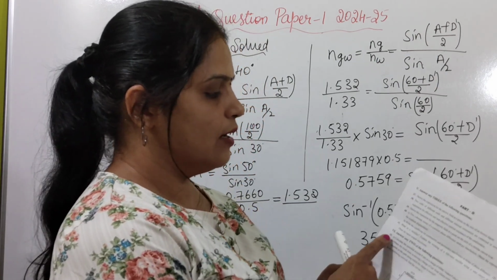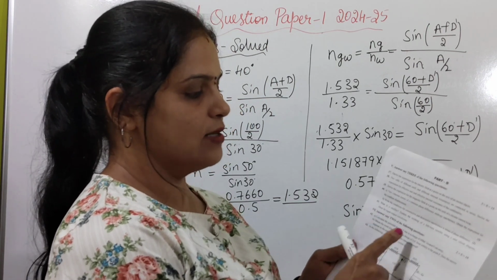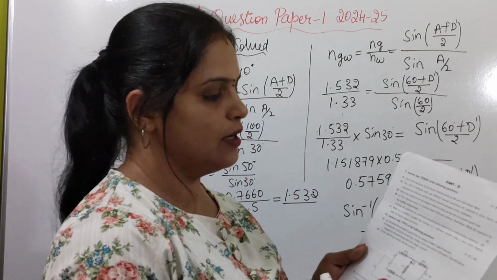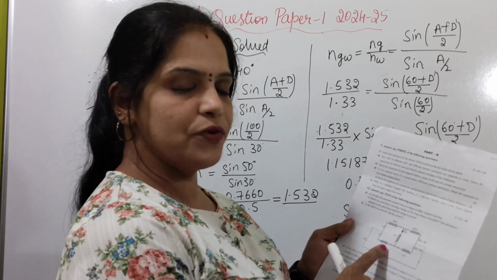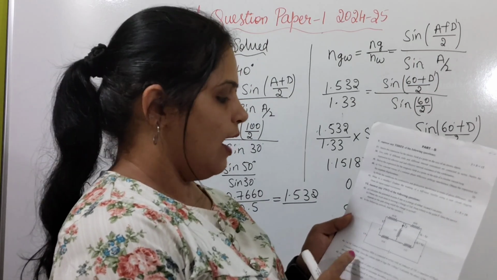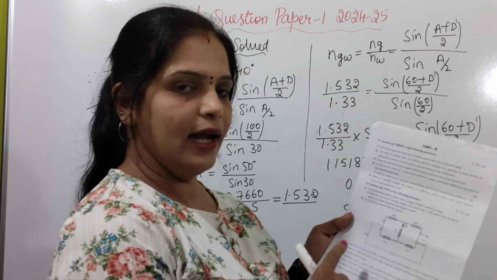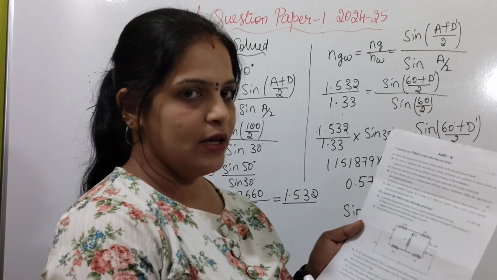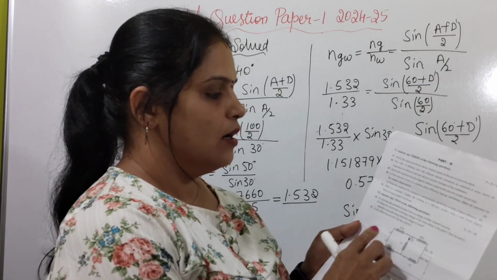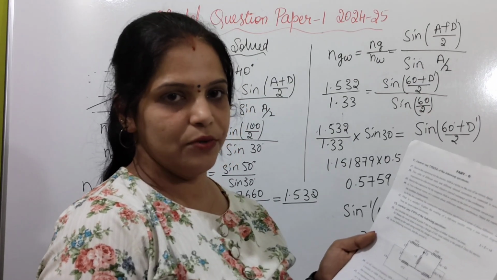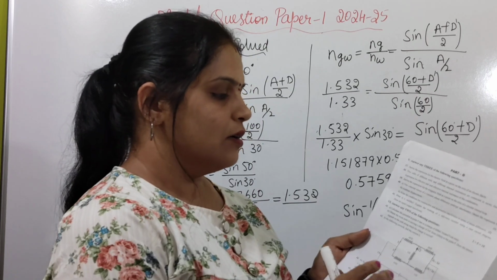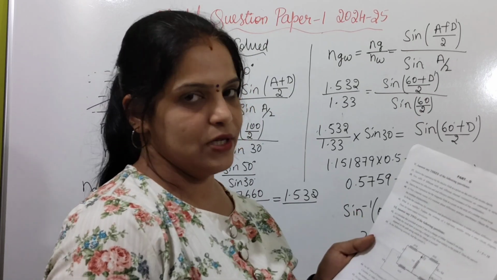You can observe here that the first question is from first chapter or second chapter, and the second question is usually from current electricity, the third is from alternating current, and the fourth is from ray optics. So for this midterm exam, these are the chapters you have to get ready. You need to answer only 2 questions.